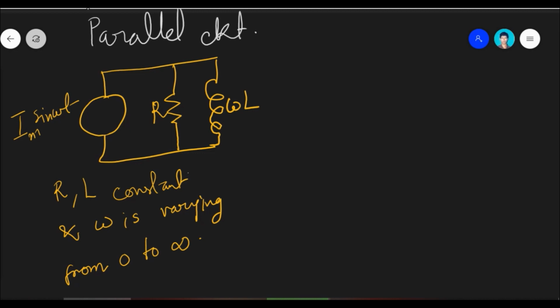If that is the case, then we will get different values of voltage across this branch. Now, in order to get different values of voltage, what will we have? Suppose we make omega equal to 0.